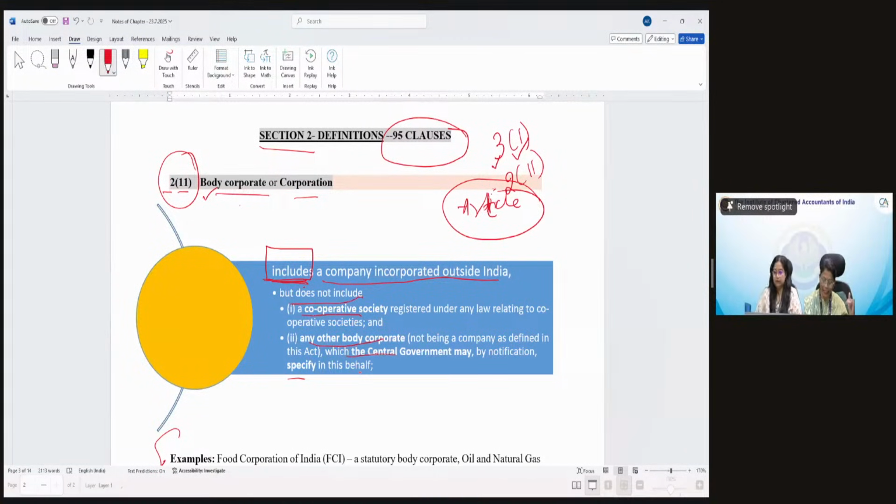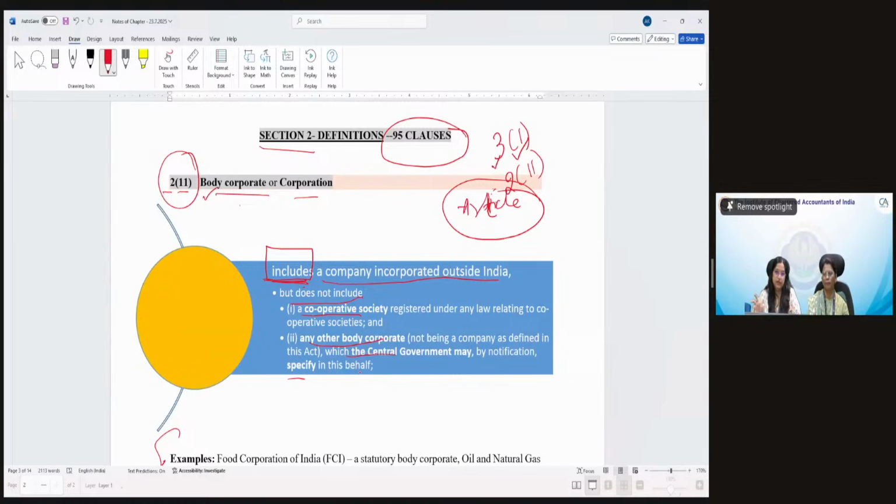So we can say every company is a body corporate, but every body corporate may not necessarily be a company. The body corporate definition provides more flexibility. It covers a wide range, and every kind of corporate entity would be included under the ambit of body corporate.